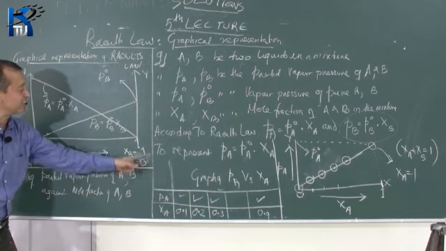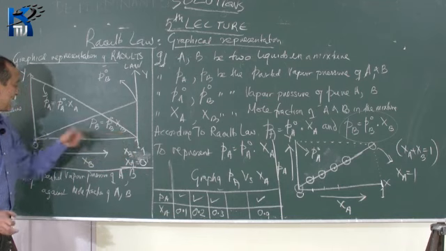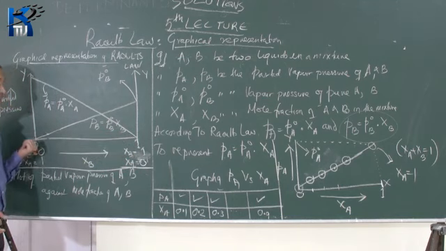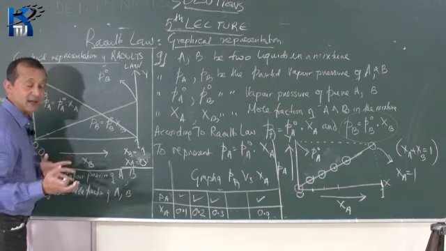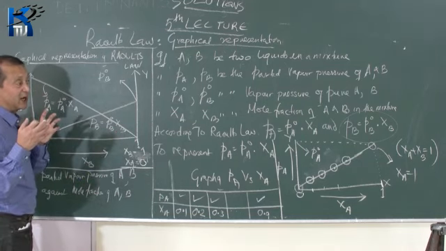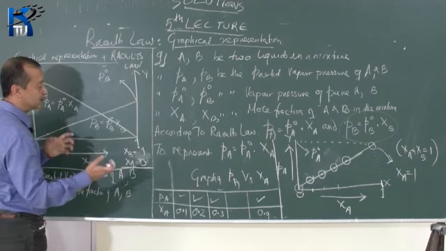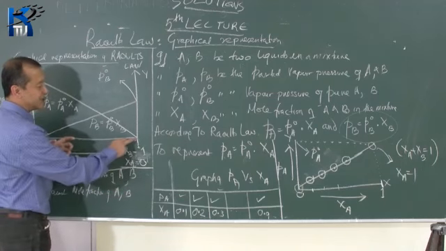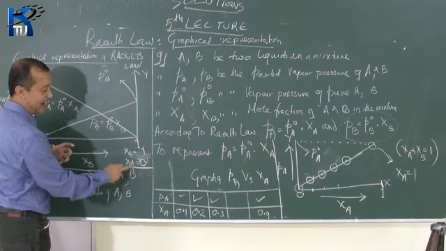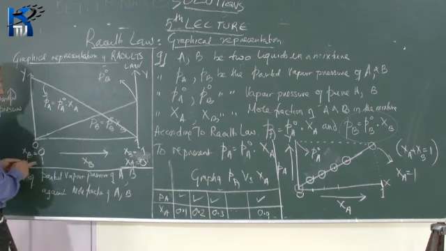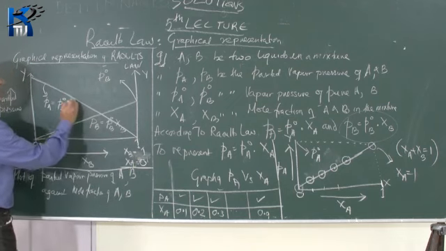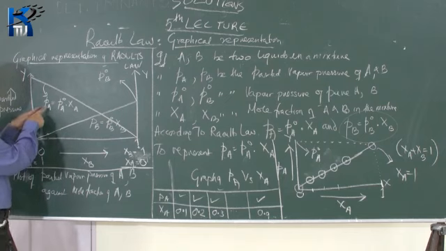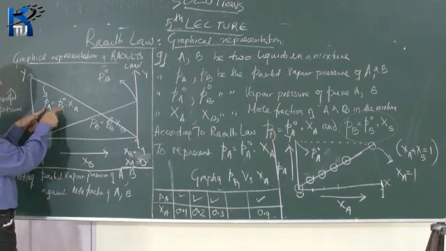XA is 0 at one end and XA is equal to 1 at the other, at the origin. So this is the origin for the A component. It means x is equal to 0 to x is equal to 1, and that's why we are having a graph with a negative slope. So this is the graph for PA is equal to PA naught into XA.